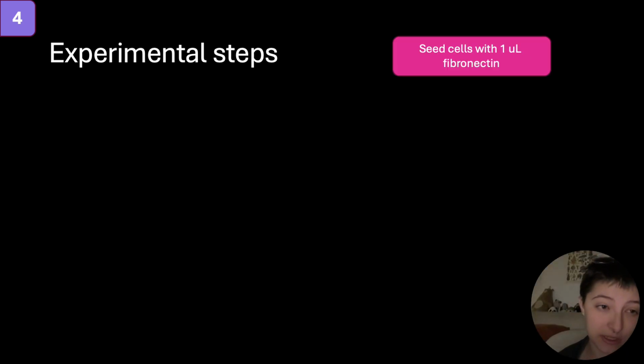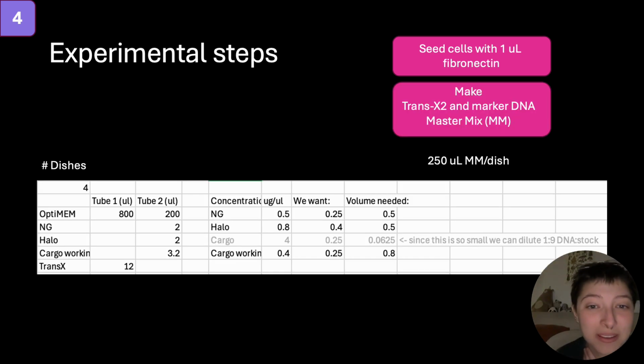And so my experimental steps, I haven't really worked with wet lab that much, and so it was pretty fun to learn how to seed cells and things. And this was the actual transfection.